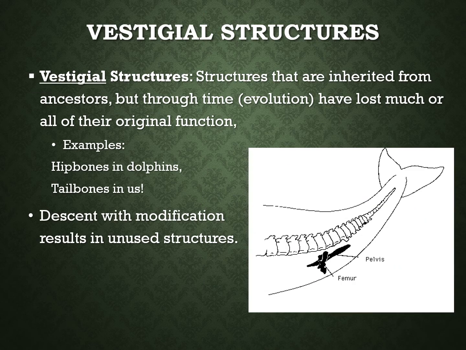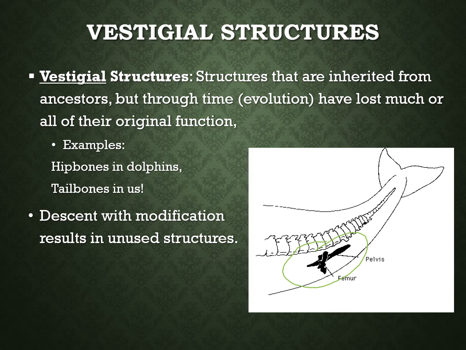We saw on the previous slide that whales descended from an ancestor that walked on 4 legs. So whales actually still have leg bones that they no longer use. These structures that were inherited from ancestors and were useful to those ancestors in the past, but are no longer useful to the current organism, are called vestigial structures.